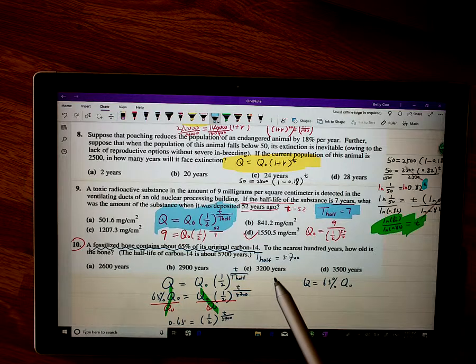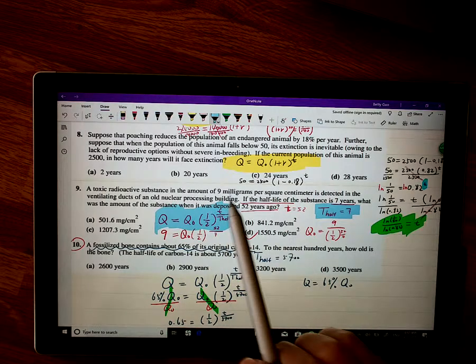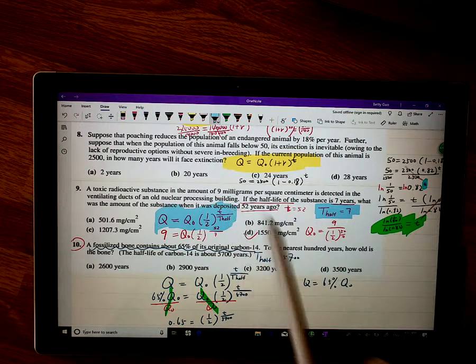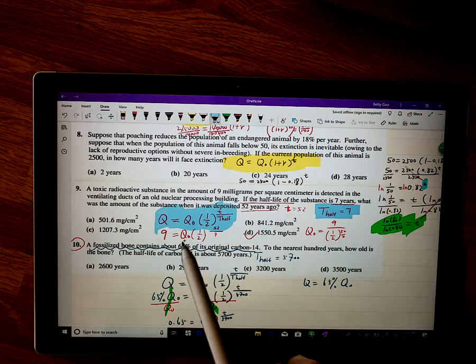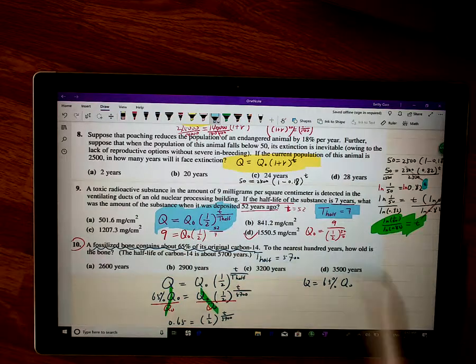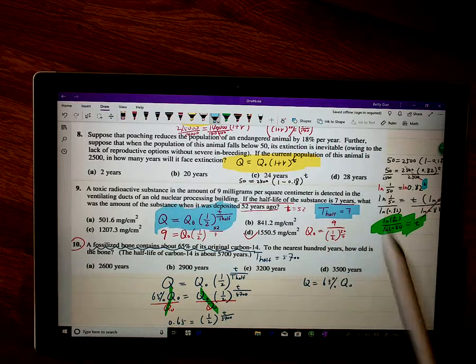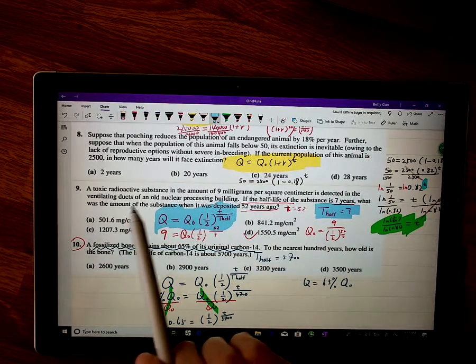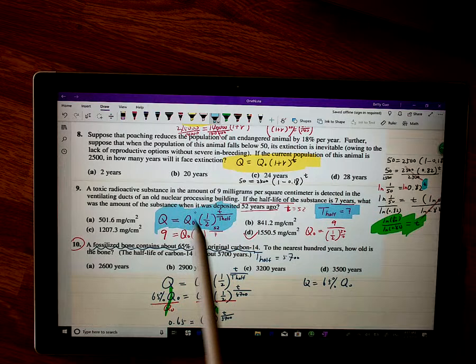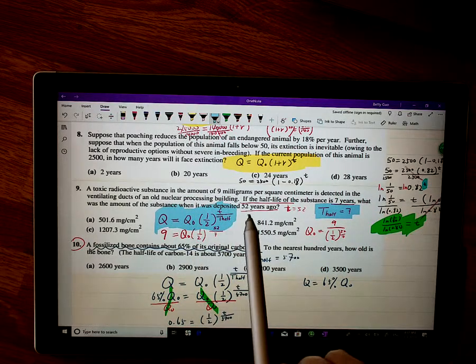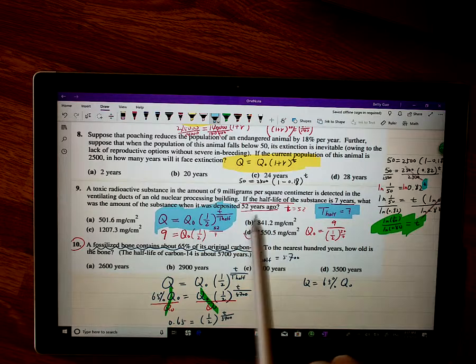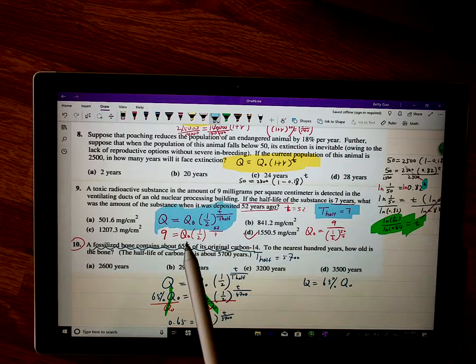Initial value. Initially, we have 9 milligrams per square centimeter. So Q sub 0 equals, hold on, actually, originally, we don't know. Originally, that is 52 years ago. So Q sub 0 is unknown.